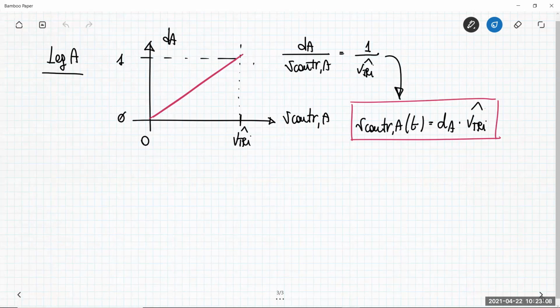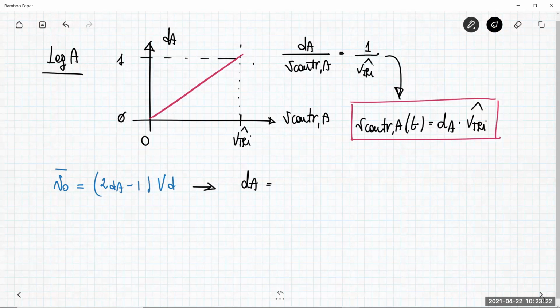If you use this expression, V0 average value is 2 times dA minus 1 times VD, then you can find that the duty cycle dA is one half plus V0 average value over 2 times VD.